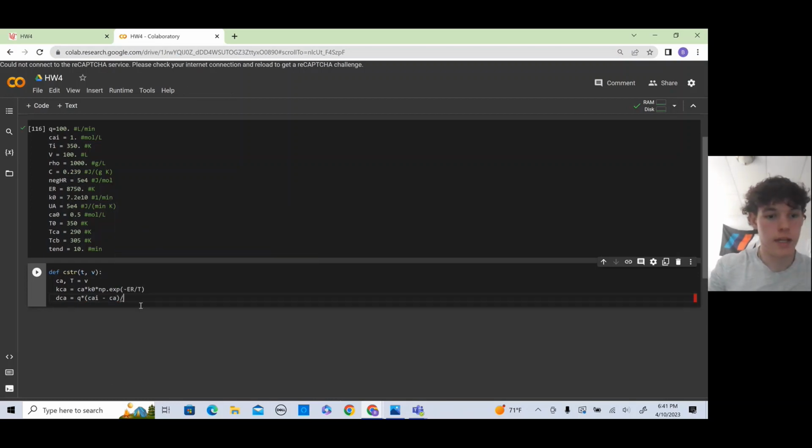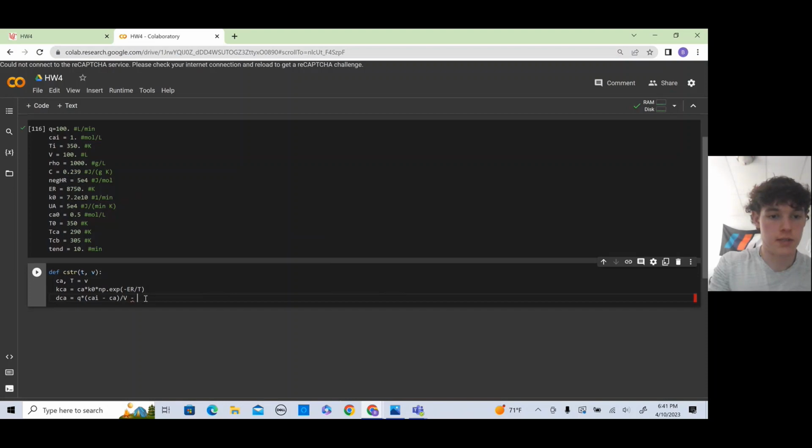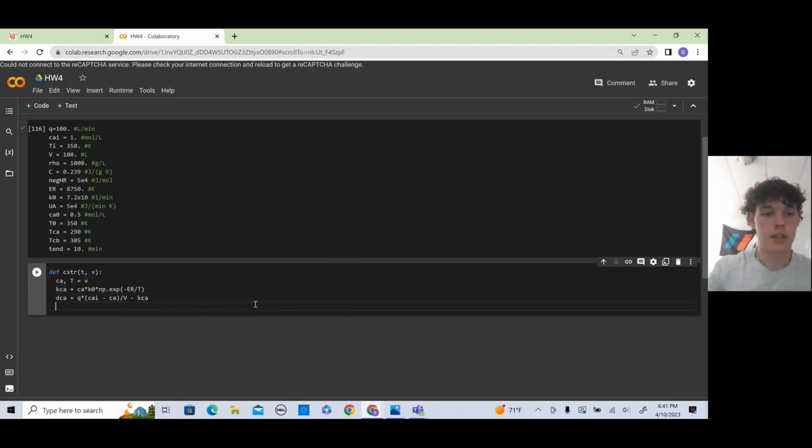And this will be divided by our volume because that was divided across by initially. And this is minus our KCA, which usually had a V, but that was divided across by, canceling out the V. So there's our change in concentration.